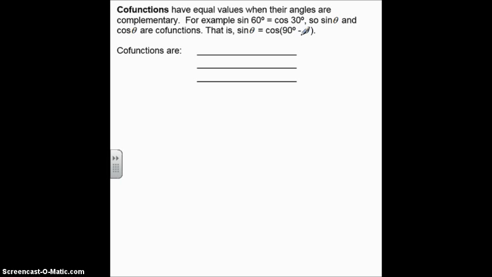Okay, because that's how we find the complement, is subtracting it from 90. So cosine and sine are cofunctions. Secant and cosecant. And tangent and cotangent.